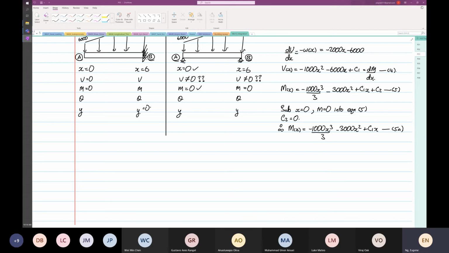Next we're going to substitute when x is equal to 6, M is equal to 0, into equation 5a.